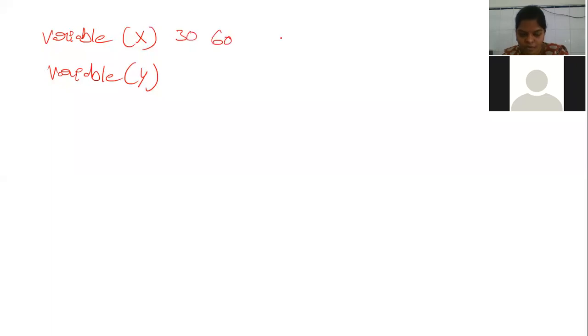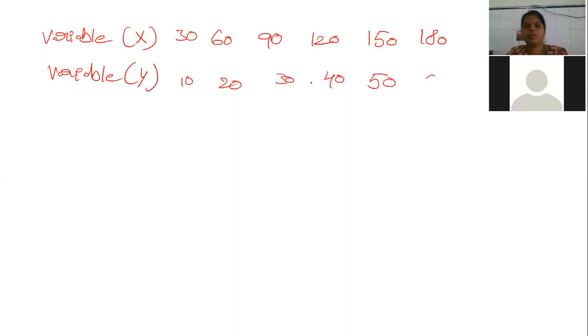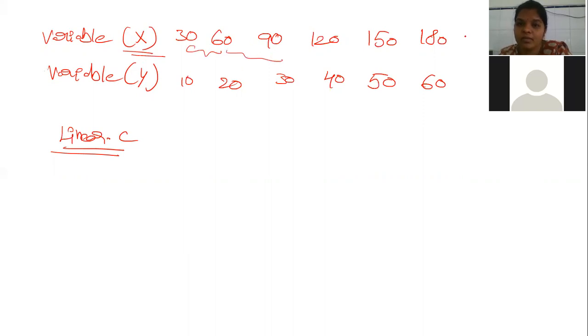I will explain you. Just write down these values. Okay, 10, 20, 30, 40, 50, and 60. So I am explaining you about linear correlation, right? See, if you consider these x variable values, what is the difference between these two values? 30, ma'am. 30.